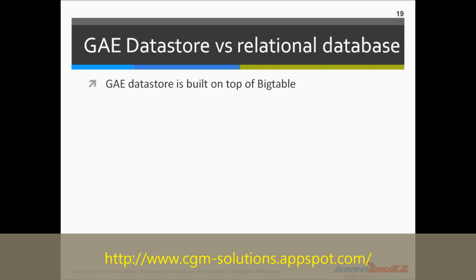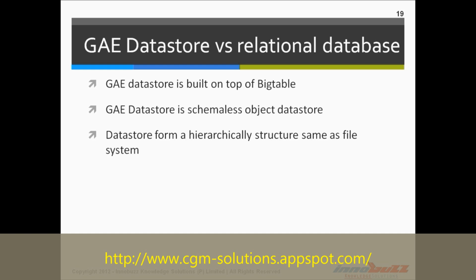Difference between GAE Datastore and relational database. GAE Datastore is built on top of Bigtable, whereas a relational database depends on a database management system. GAE Datastore is a schemaless object datastore. The objects in GAE Datastore form a hierarchical structure, the same as a file system.